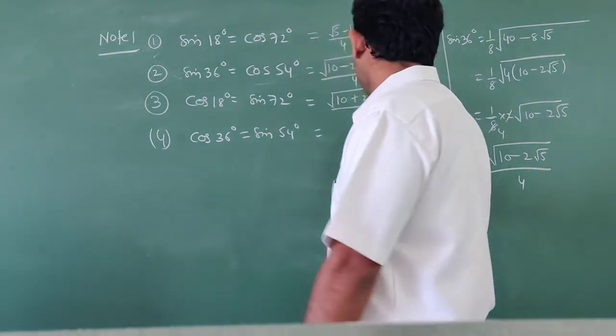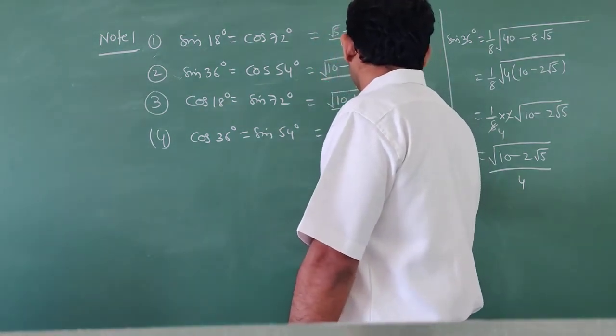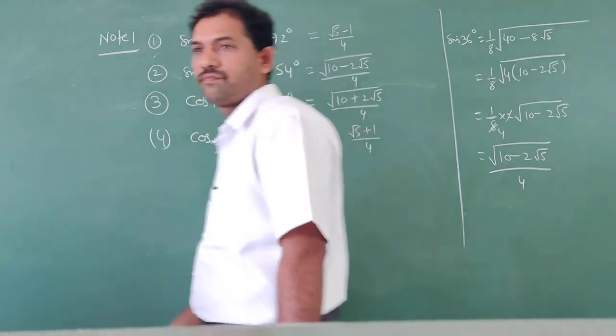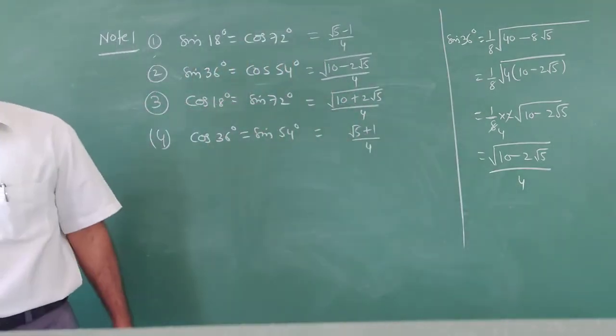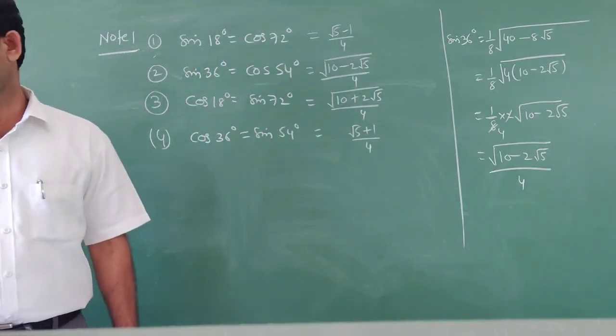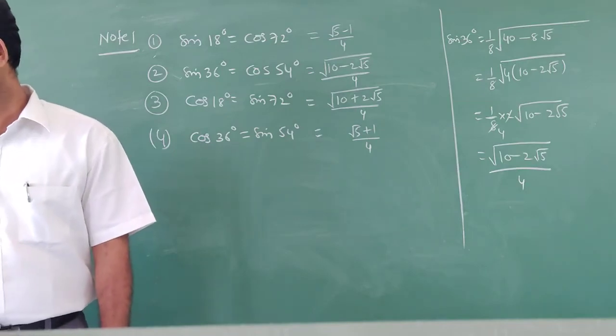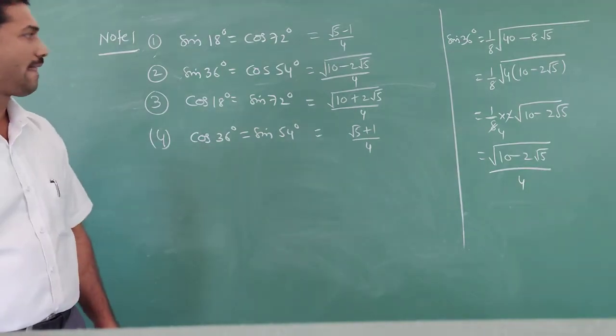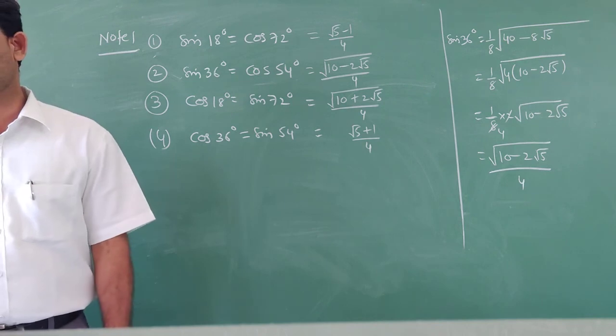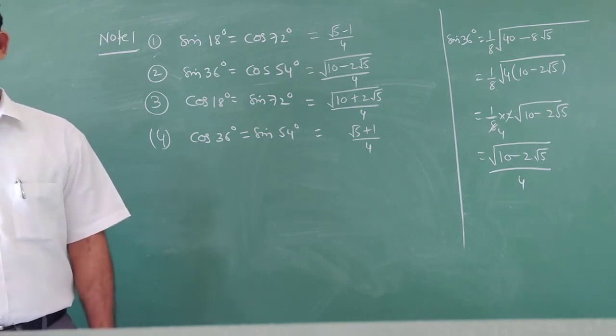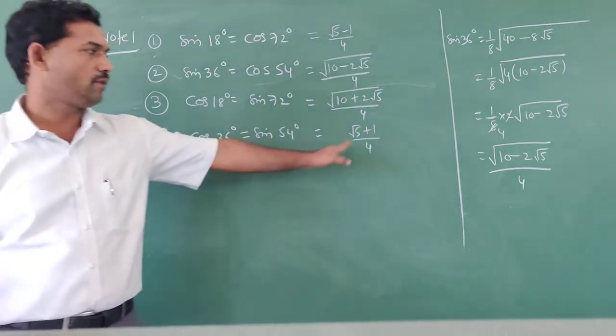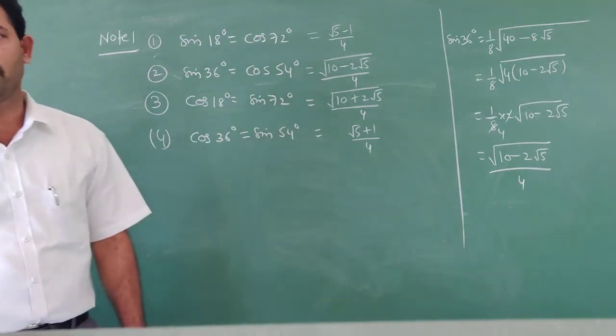Cos 36 degrees value, root 5 plus 1 divided by 4. Understand? All values correct na? Verify that. Correct na, all values? So 1 plus root 5, root 5 plus 1 divided by 4, same.